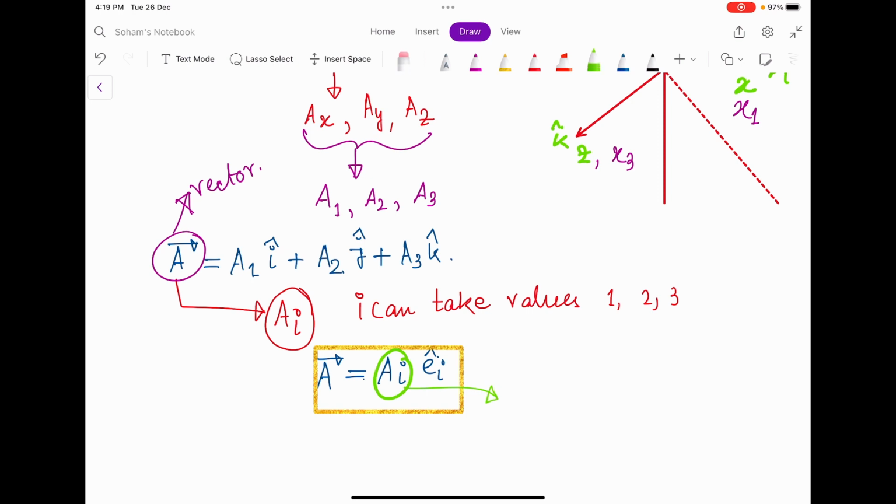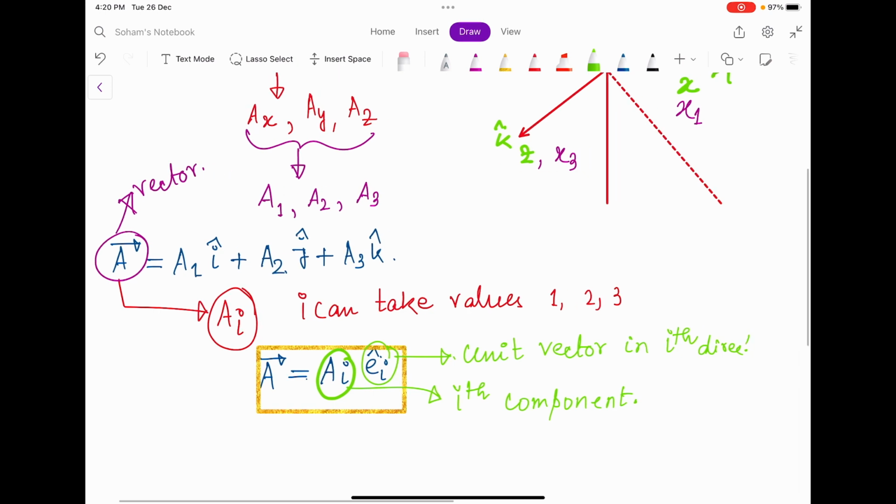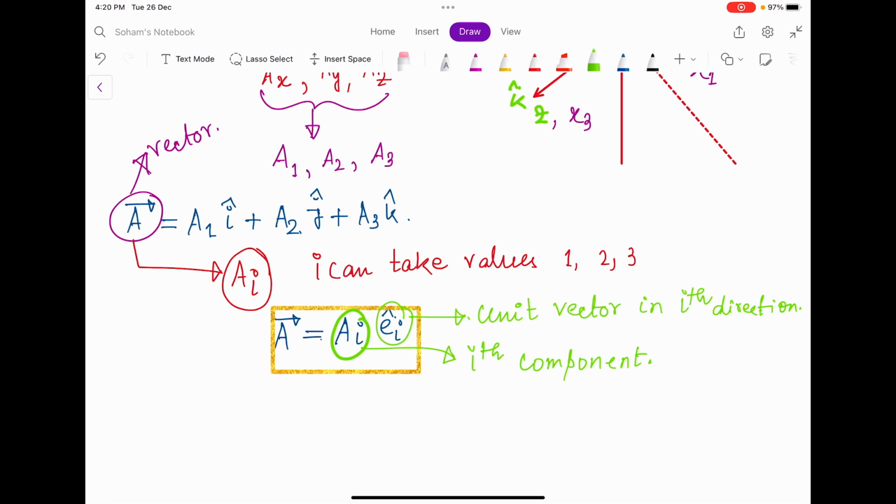And ei is the unit vector in the ith direction.